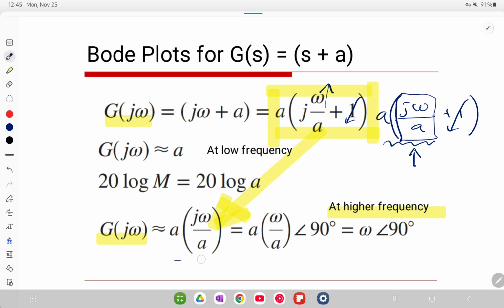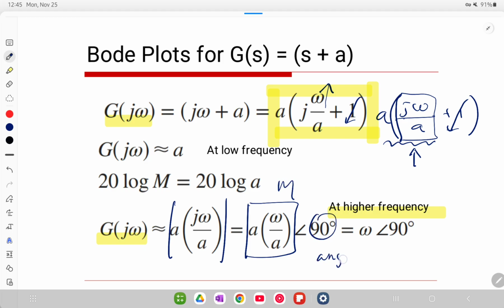So you end up with this. Then you can cancel that, and this will be the magnitude of it, and that is your M, and this is your angle. So for this one being M, A cancels out, and you're only left with omega.